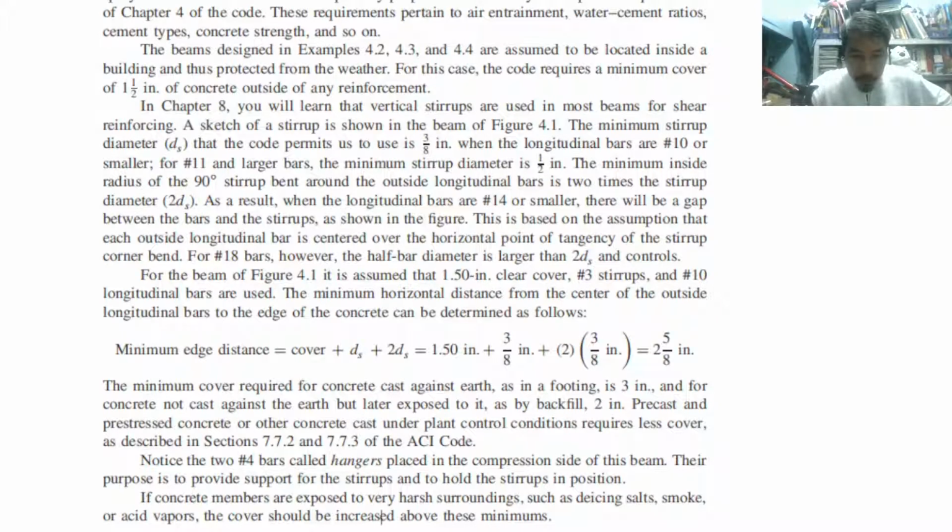If the bars are placed in more than one layer, those in the upper layers are required to be placed directly over the ones in the lower layers. We cannot stagger the reinforcement. Why? Because of the gravel.